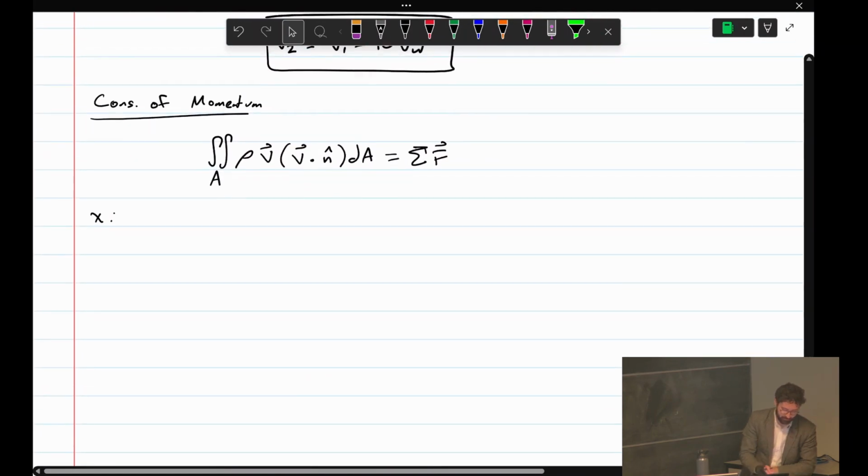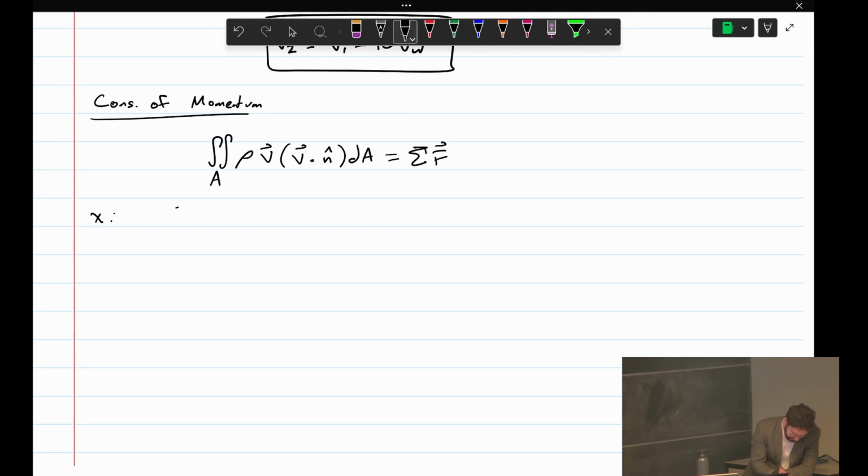Okay. So our conservation of momentum in the x direction is going to be quite nice because we don't have to do this integration in the x direction. So in the x direction we only have average inlets and outlets.